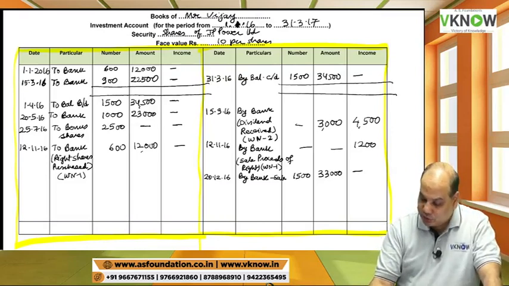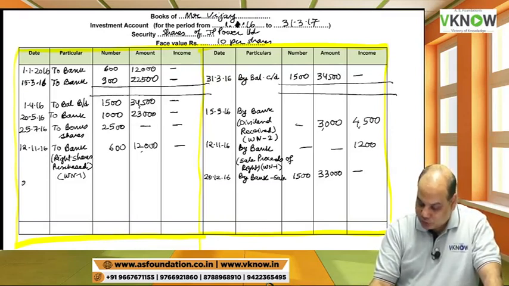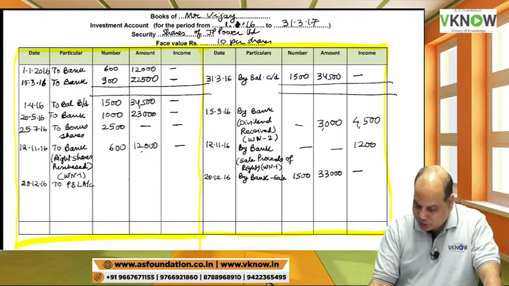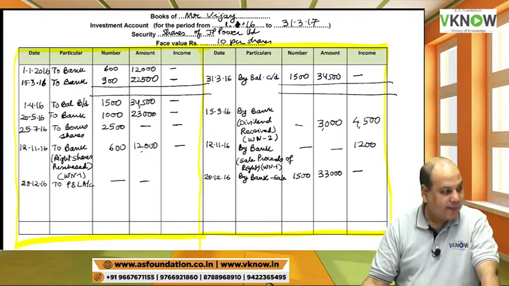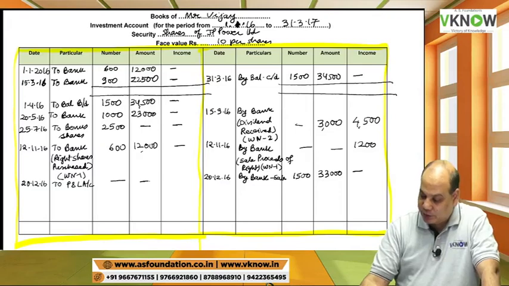And on the sale, you have profit also. So 20th December 16, to P&L account, there is a profit, working note 4.